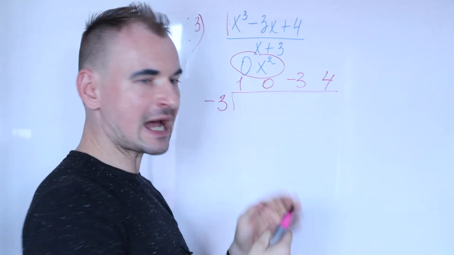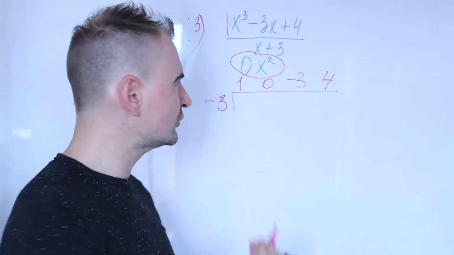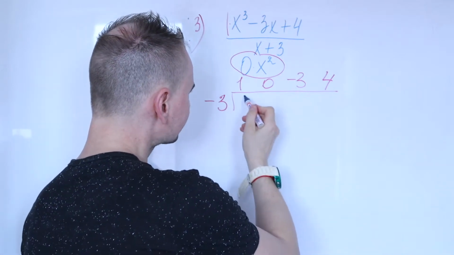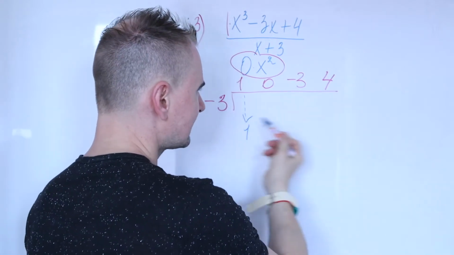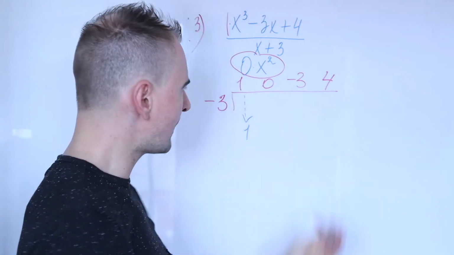So this is our setup, and as we did before, the same steps we're going to repeat. I'm going to just bring down this 1, leaving one row above.